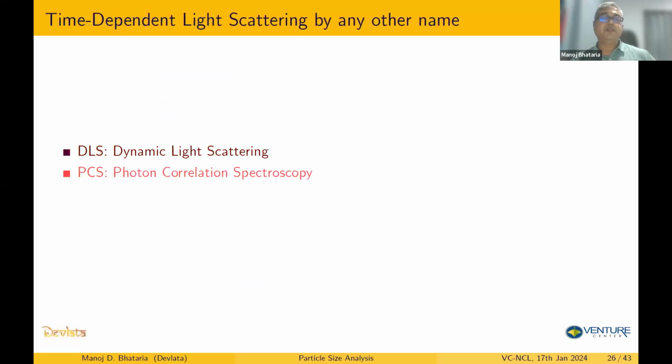Sometimes people know it as photon correlation spectroscopy, or in some old literature, you'll come across quasi-elastic light scattering. All these three techniques are essentially the same. So if somebody says photon correlation, PCS, QELS or DLS, they mean the same technique. Don't get confused by the different names. Dynamic light scattering is the most common name used now, and that is what is referred to in literature as well.